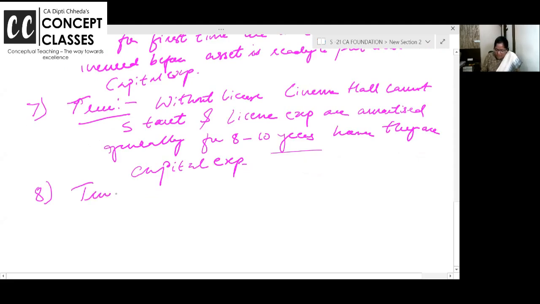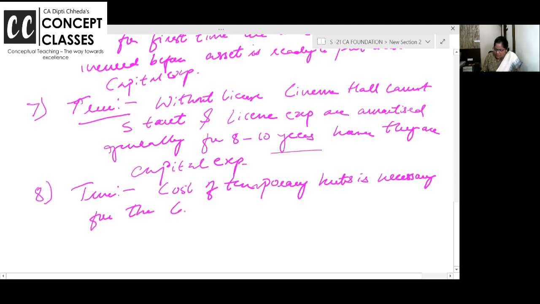So answer is true. Cost of temporary huts is necessary for the construction of the cinema.